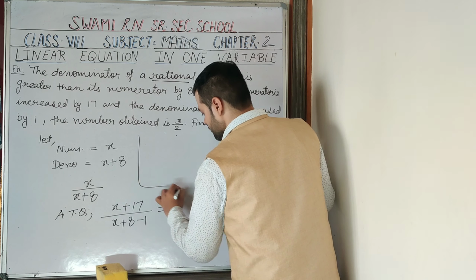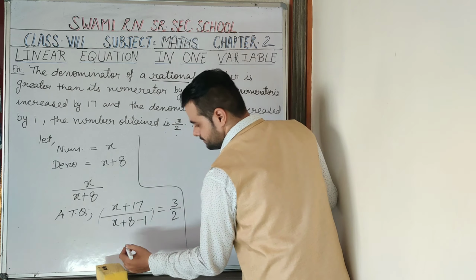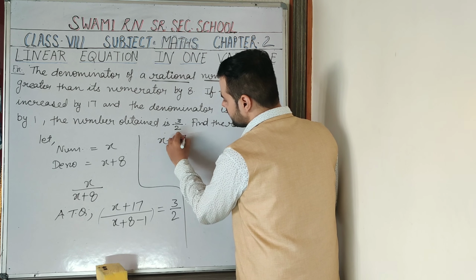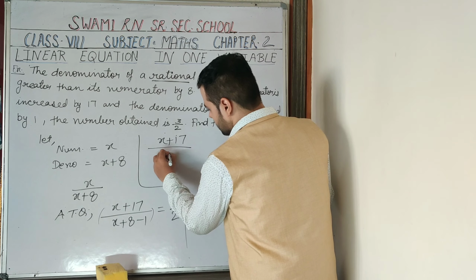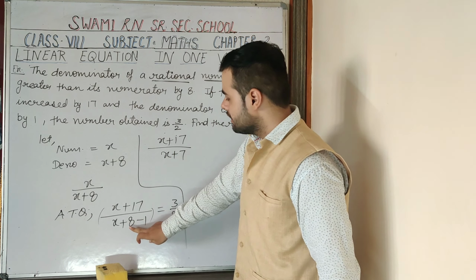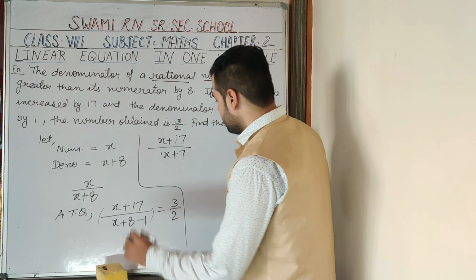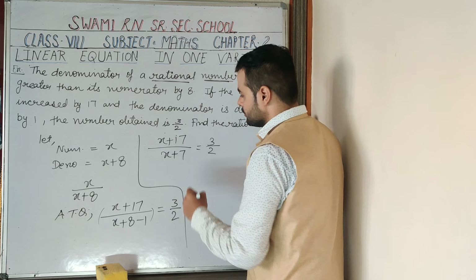You can see, first of all we will solve this. That is x plus 17 upon 8 minus 1, that is 7, so x plus 7, because 8 is the greater value, is equal to 3 upon 2.